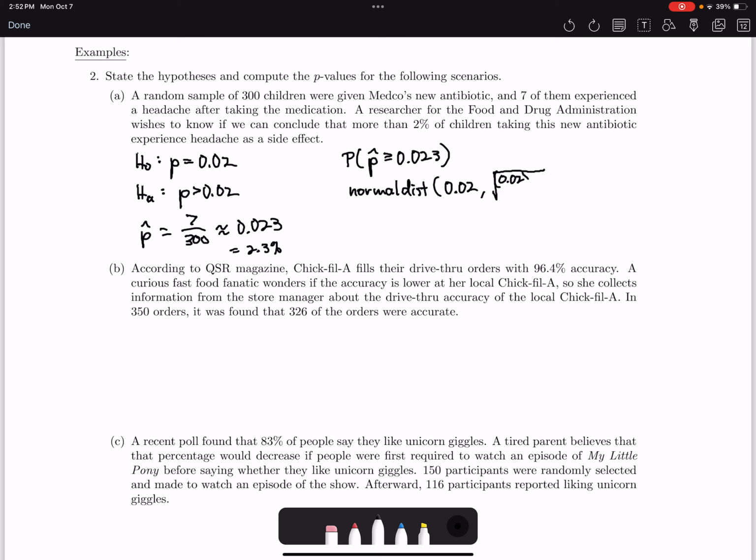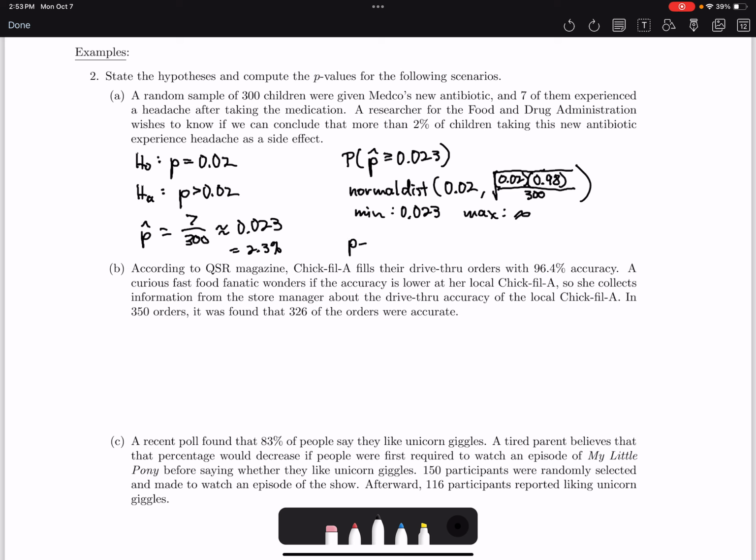Let's see, if p is 0.02, then q is 0.98, right? 1 minus 0.02 is 0.98. And then we would divide by our sample size of 300. Okay, now since we want the probability p hat is more than 0.023, we're going to set our minimum at 0.023. And our maximum we'll set at infinity.